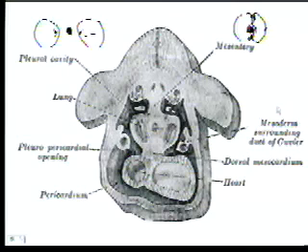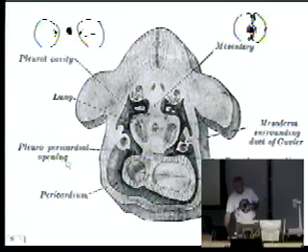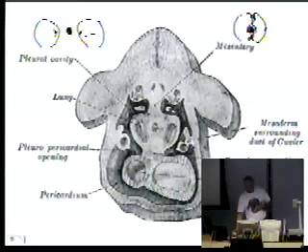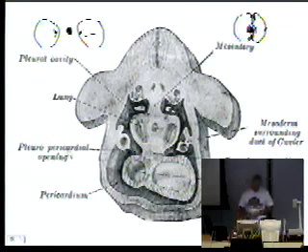So identify the structure and identify the opening. So even though the image may not be so clear, you can see exactly what it's pointing to. Identify the structure is going to cue you that we're asking for this fold, pleural pericardial fold, and if we ask for the name of the opening, it would be the pleural pericardial opening.